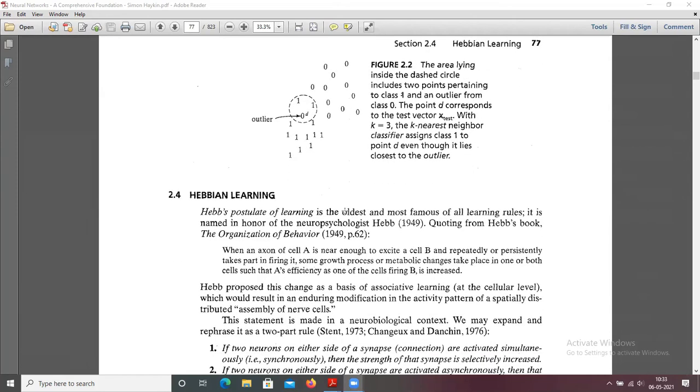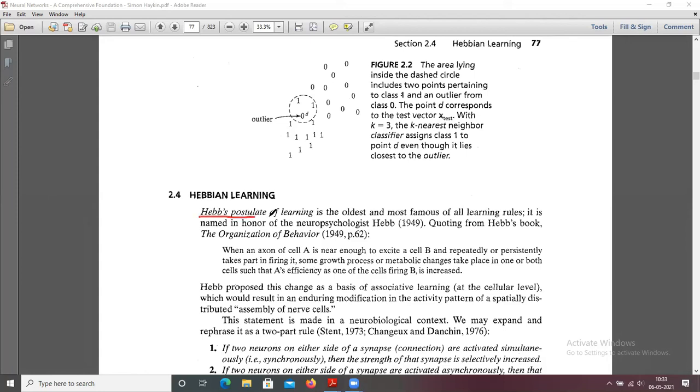Next one, Hebbian learning. What is Hebbian learning? The Hebbian learning mechanism is one of the oldest learning rules, and it was proposed by Donald Hebb in his book Organization of Behavior in the year 1949.